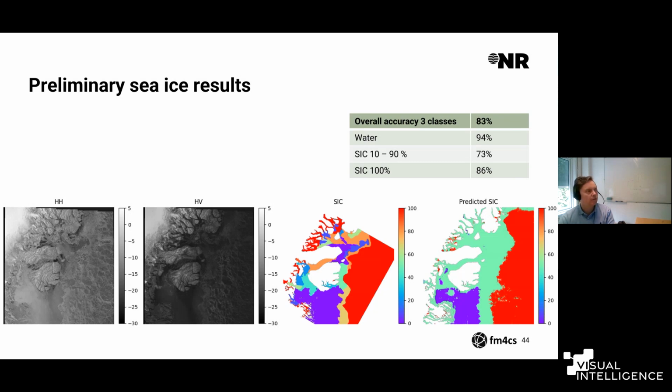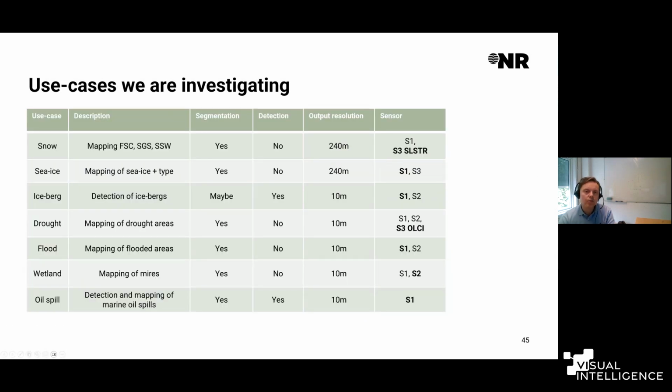We also have plans, or we need to, for other applications as well. These were just snow and sea ice that I mentioned. We have just started to look at iceberg detection. We need to develop a detection module that works on this. Drought monitoring is something we will do as well, to measure the risk of vegetation being affected by droughts.